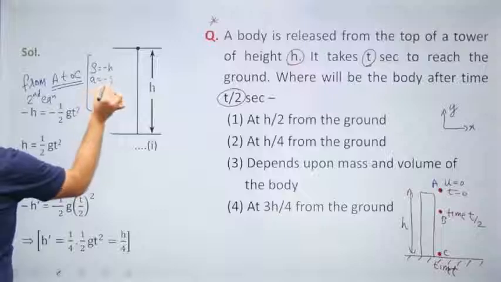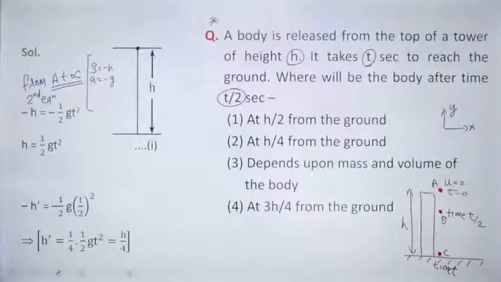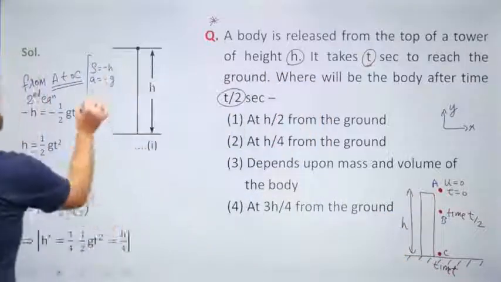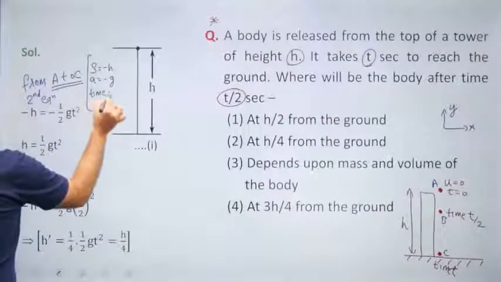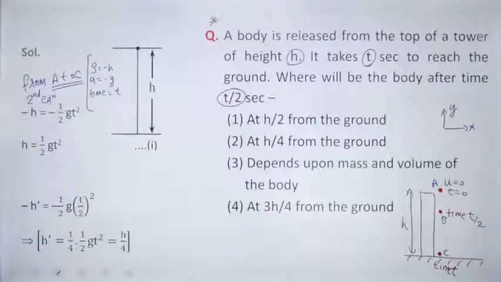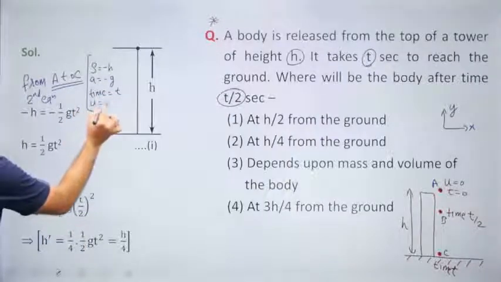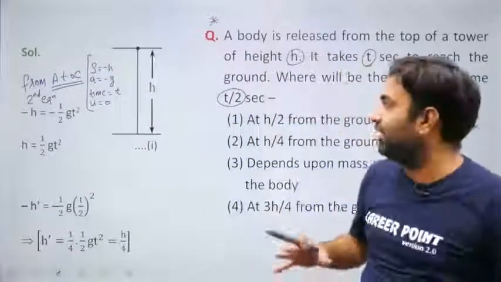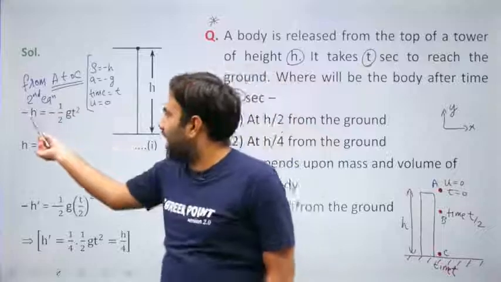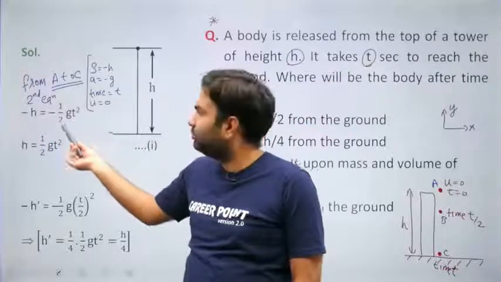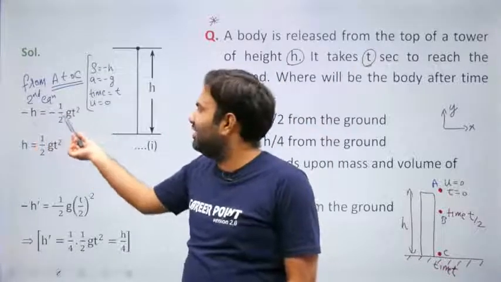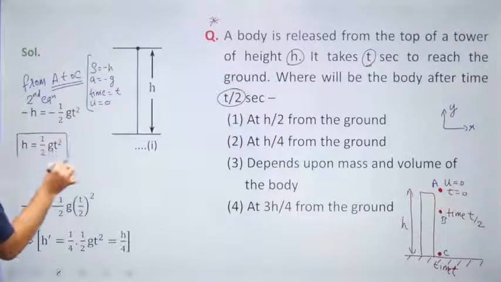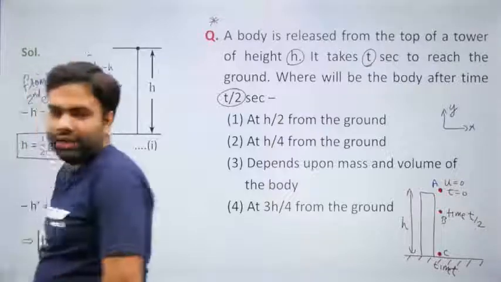Acceleration is minus g, time taken is t, and initial velocity is 0. So apply the second equation of motion, s equals ut plus half at square. U is 0, so s equals half at square. S is minus h, a is minus g. So we got the relation between h and t: h equals half gt square.